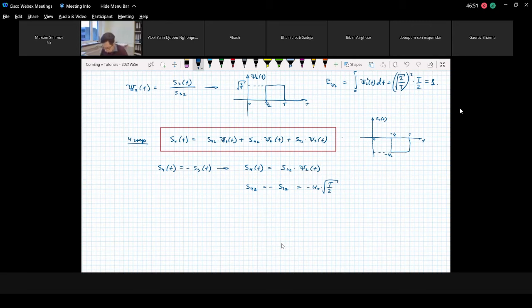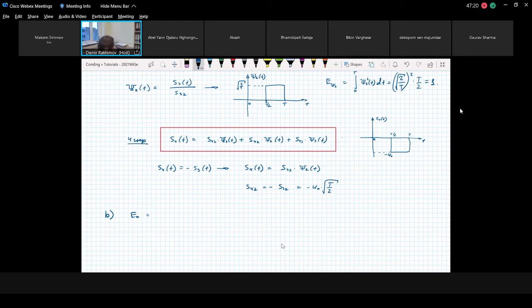For the second part, B, determine the mean energy per symbol and the mean energy per bit. So mean energy per symbol ES and mean energy per bit EB. So we need to find these quantities. I introduce an intermediate variable E0.